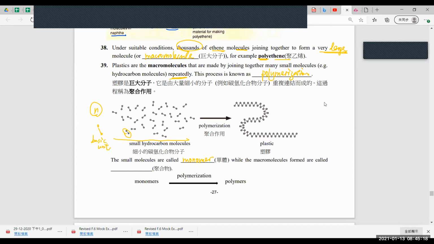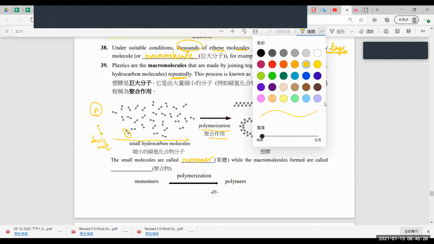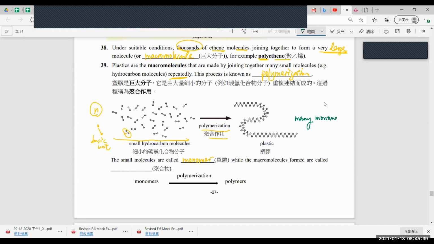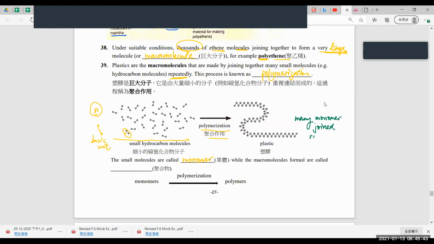After polymerization, you are going to combine them one by one. And finally, what will be formed? A long chain with so many monomers joined repeatedly.